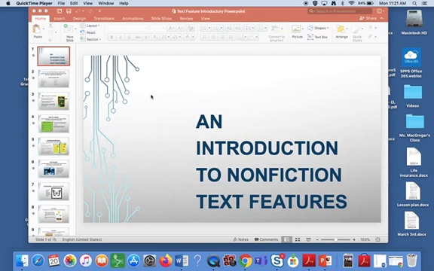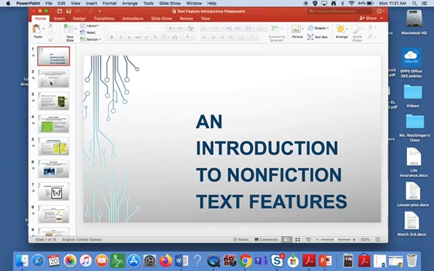There are some little clues that you can use to help you understand the text, and those are understanding what the text features are, and that's what we're going to be reviewing today. So that's why I have this PowerPoint out, because I think it's really helpful and has great examples of what certain nonfiction text features are. So we're going to be looking at that right now.